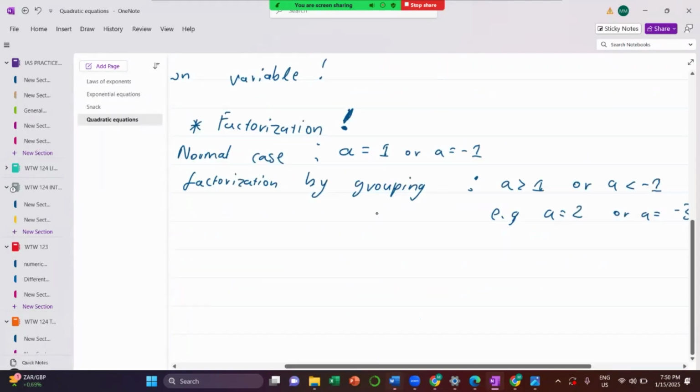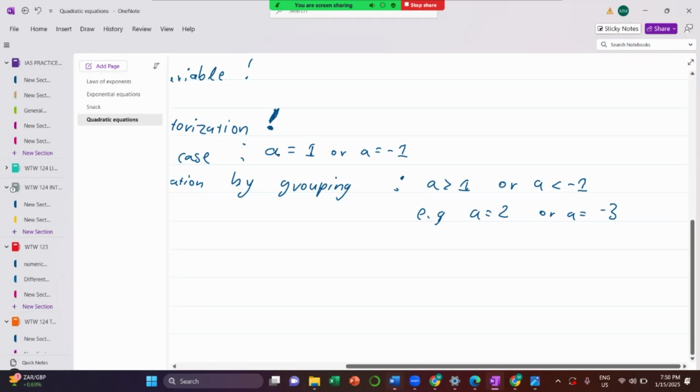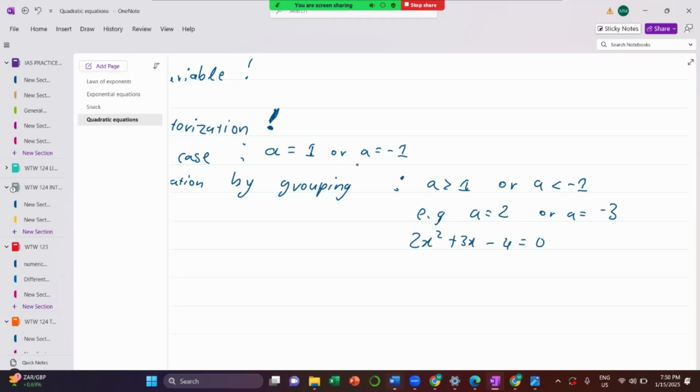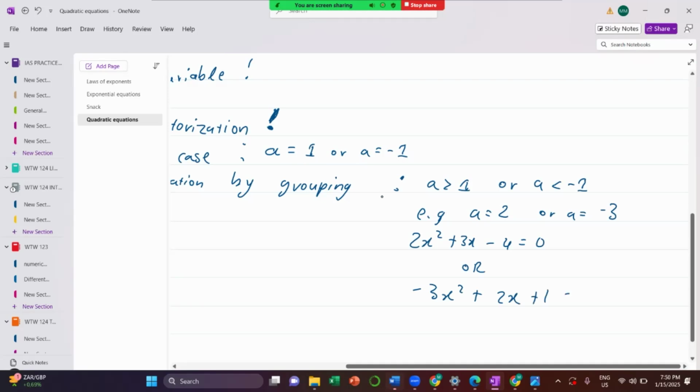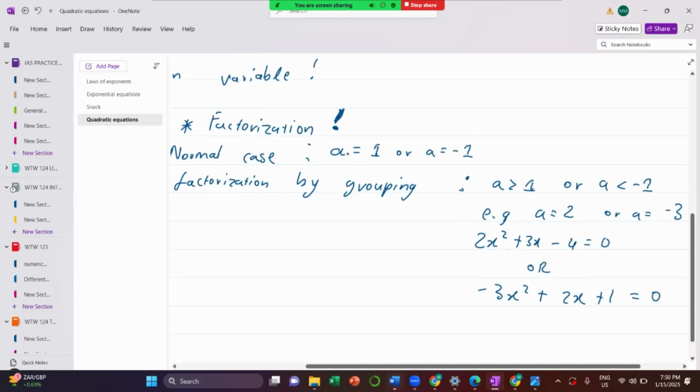So in such cases, you use factorization by grouping when you have quadratic equations like 2x squared plus 3x minus 4 is equal to 0, or an equation like -3x squared plus 2x plus something equal to 0. I'll show it to you guys once we get there.